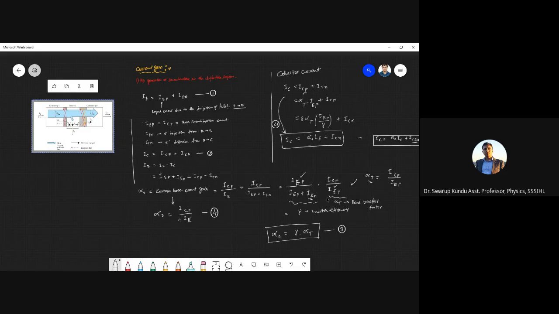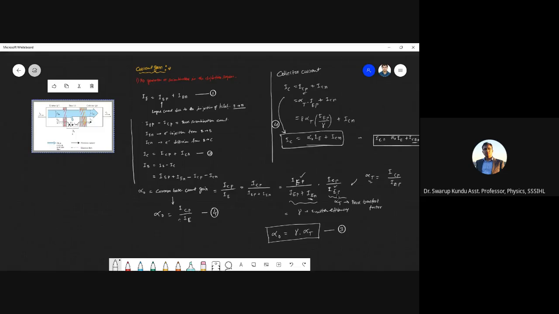This IEN we want less. So this is how we get emitter efficiency, and then we define another parameter, the base transport factor. Now the base transport factor is the ratio of whatever current it is able to deliver to the collector with respect to how much current it is receiving from the emitter. It's very obvious, right? So it is ICP by IEP.